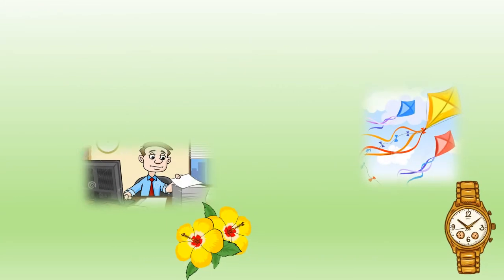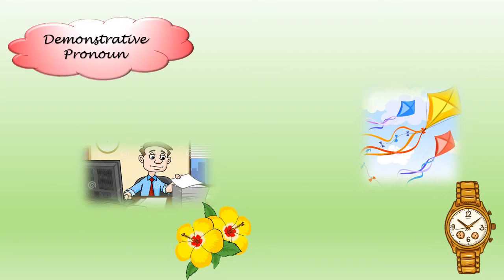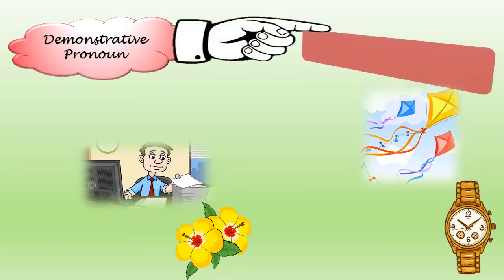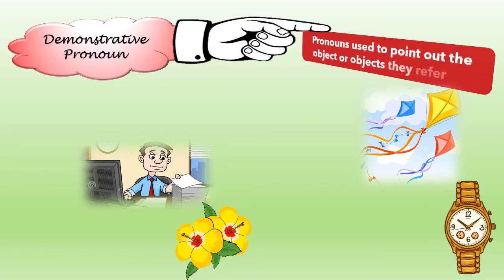Now, children, let's see what demonstrative pronouns are. Demonstrative pronouns are those words which we use to point out something, to make something clear. Is it clear, children? So, what are demonstrative pronouns? Demonstrative pronouns are used to point out the object or objects they refer to.